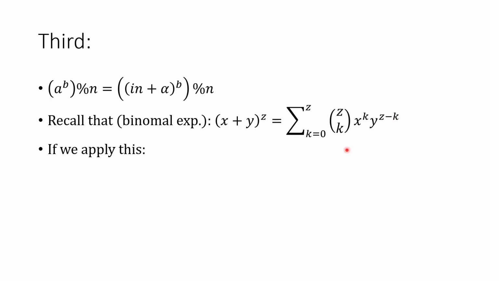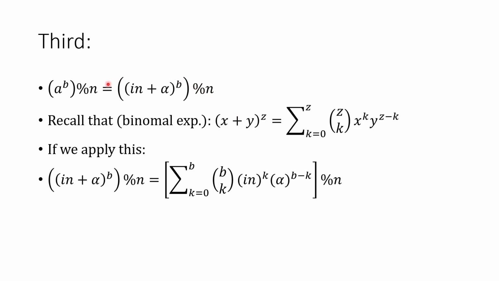And so if we apply this to the whole thing, we'll get, I'm using square brackets now just because there's a lot of parentheses involved, but they mean the same thing. So we have the sum going from 0 to now b, not z. And so it's going to be b choose k.